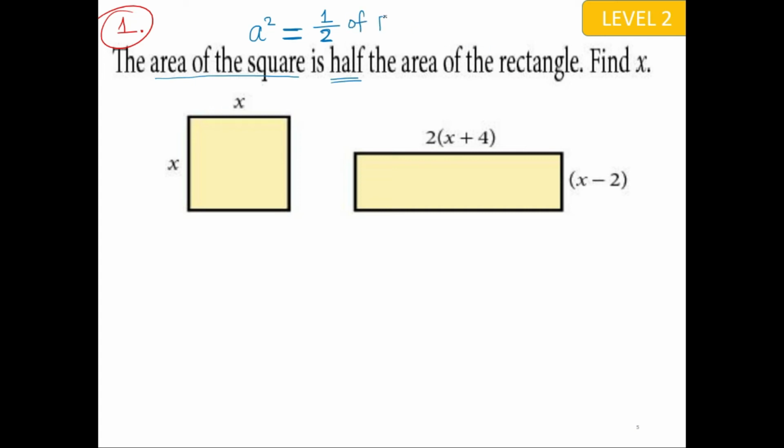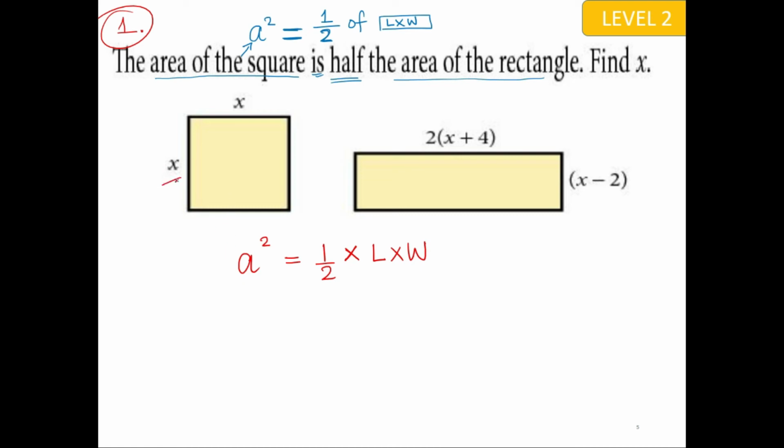So the area of a rectangle is given by L multiplied by the width. So this is how you transfer a statement into an equation. Now let me write it here. A squared is equal to half, and now "of" stands for times, L multiplied by the width.